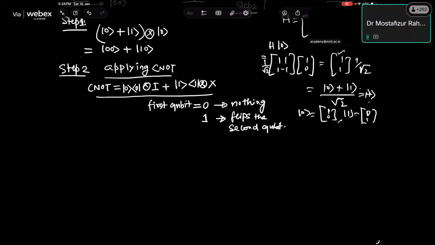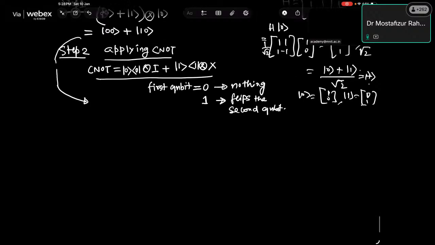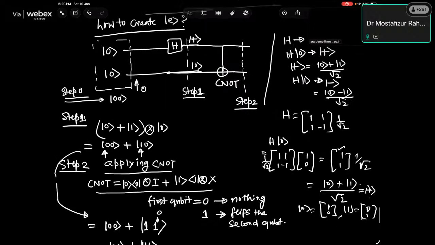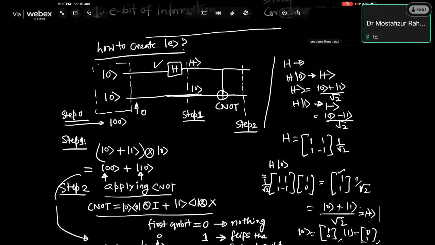So then this particular state will be, the first qubit is 0, so it will do nothing to the second qubit. It will be 0 and 0. But in this case, the first qubit is 1, so it will flip the second qubit, which was earlier 0, and now it will become 1. Right, so my state becomes 0 0 plus 1 1. But because of the normalization, because I applied Hadamard, Hadamard has a normalization factor square root 2, right?